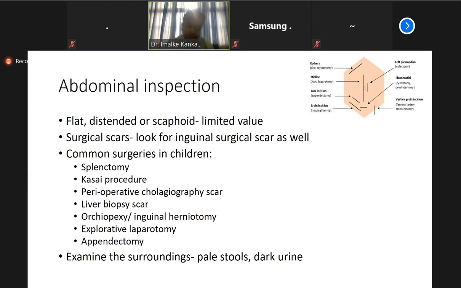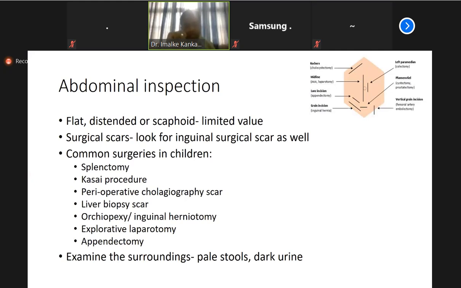Right. So abdominal inspection is very important. No point just looking at the abdomen without commenting to yourself, okay, what I'm looking at now. Okay, whether the abdomen is flat, distended or scaphoid, hardly any value, but if it is distended, it could be due to anything.